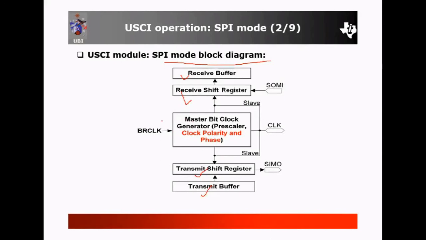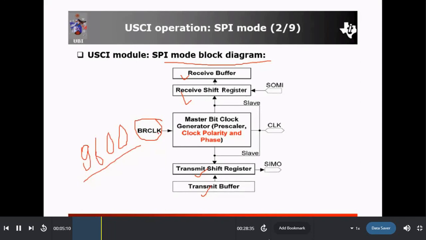Now one is called BR clock. BR clock indicates the baud rate clock. You are always using 9600, so we are using a 9600 baud rate clock.